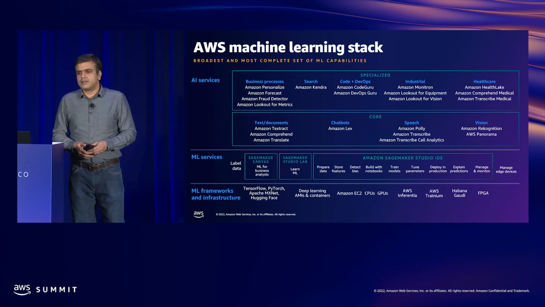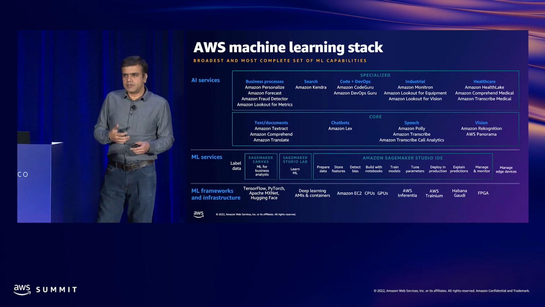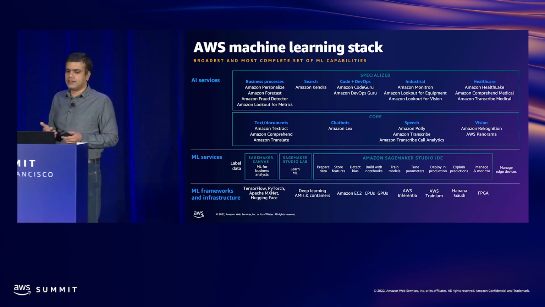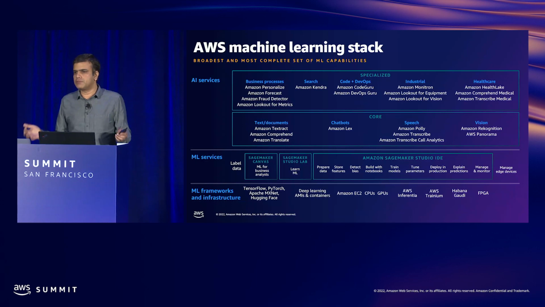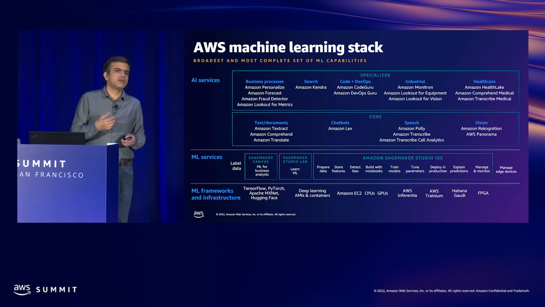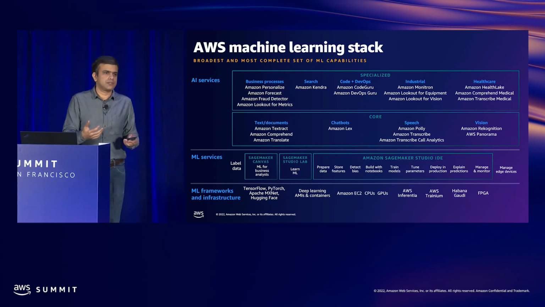At Amazon, we have a comprehensive ML stack that offers best-of-breed breadth and depth of capabilities for machine learning. It is a three-layered stack with the bottom layer offering many of the ML frameworks that you would typically use, like PyTorch or MXNet.